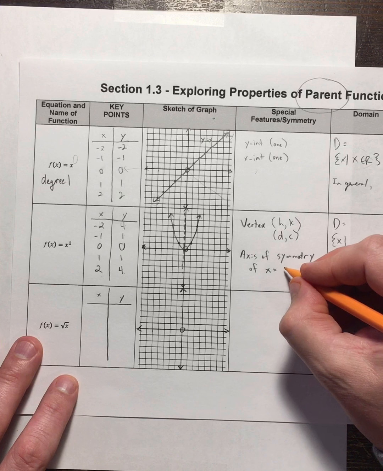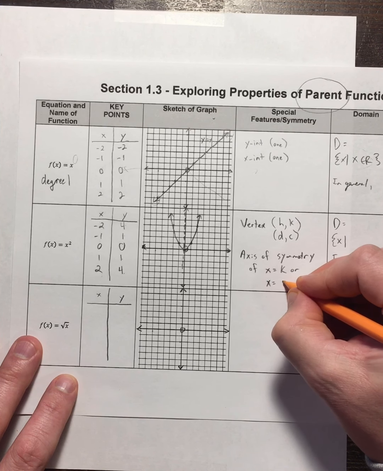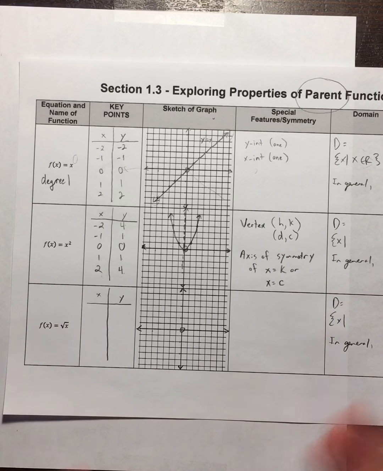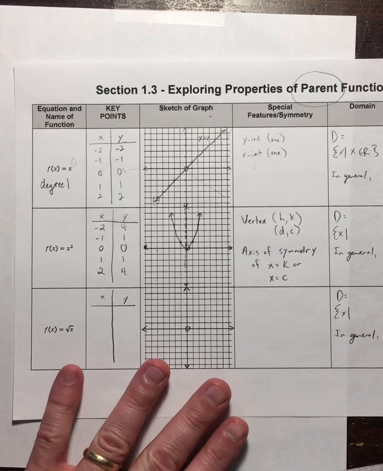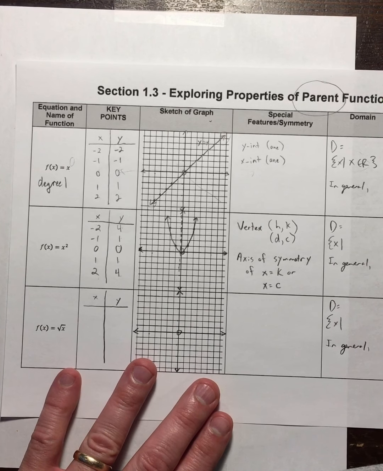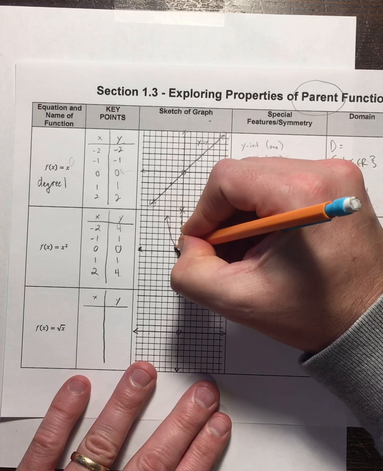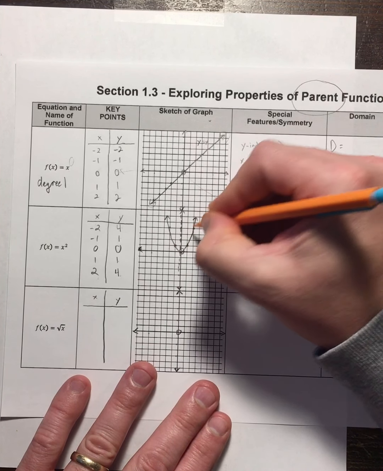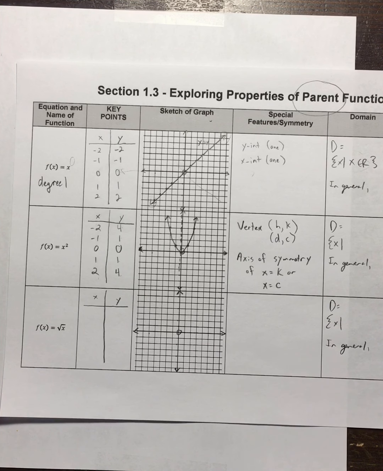It's that x is equal to k, or with our new notation, x is equal to c. In this case, x is equal to 0, or the y-axis is the line of symmetry for this basic parent function. So again, we want to get to know those points pretty darn well, just so we can be sure to sketch these functions and then transform them afterwards.